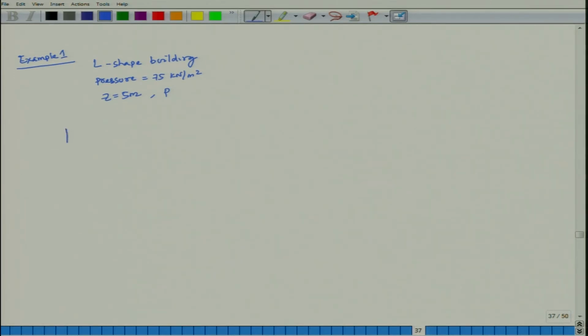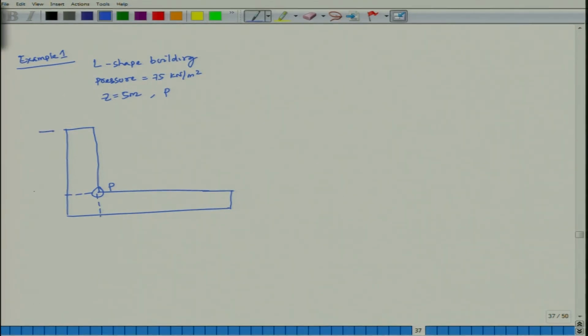Look at the shape that has been given, and the dimensions. This point is your P, this dimension is given 10 meter and this dimension is given 15 meter. Sorry, by drawing it is small, but this is your 15 meter, this is your 10 meter, this is your 20 meter.